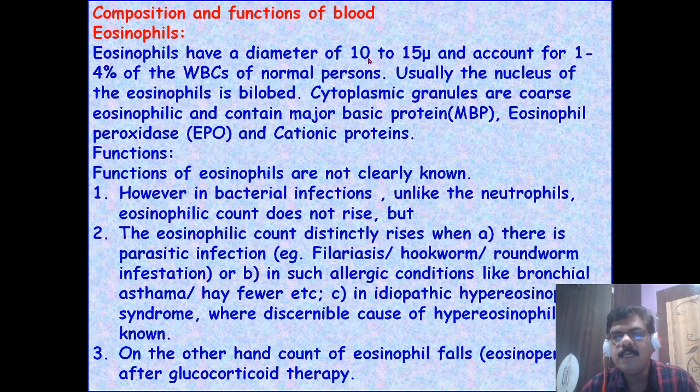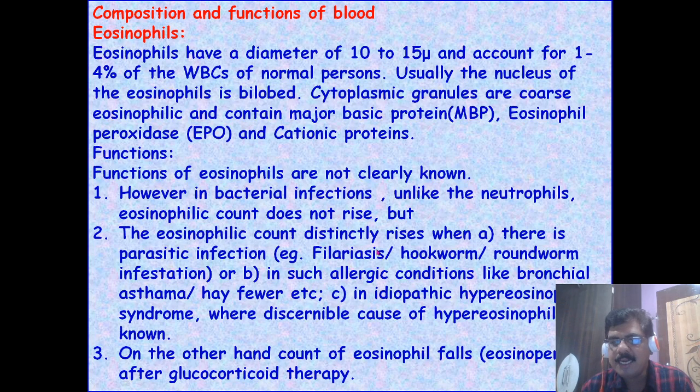Eosinophils have a diameter of 10 to 15 micron and account for only 1 to 4% of the WBCs. Usually the nucleus of the eosinophil is bilobed. Cytoplasmic granules are coarse. What are the functions of eosinophils? It is not clear, but in bacterial infection, unlike the neutrophils, the eosinophil count does not rise.